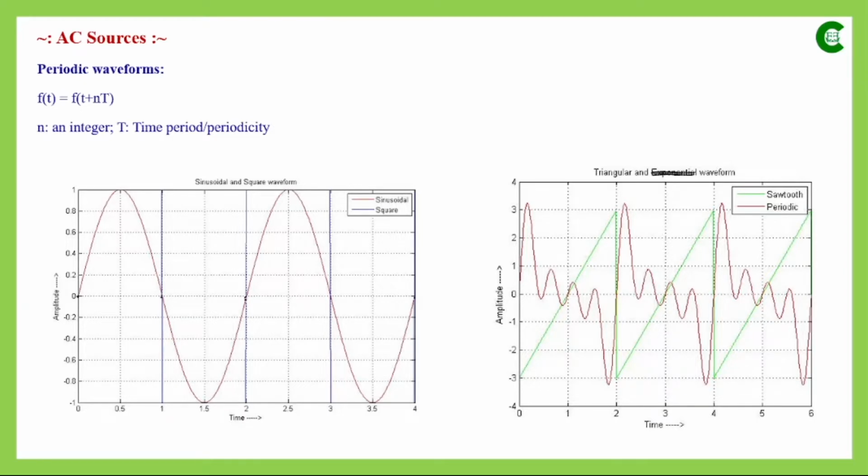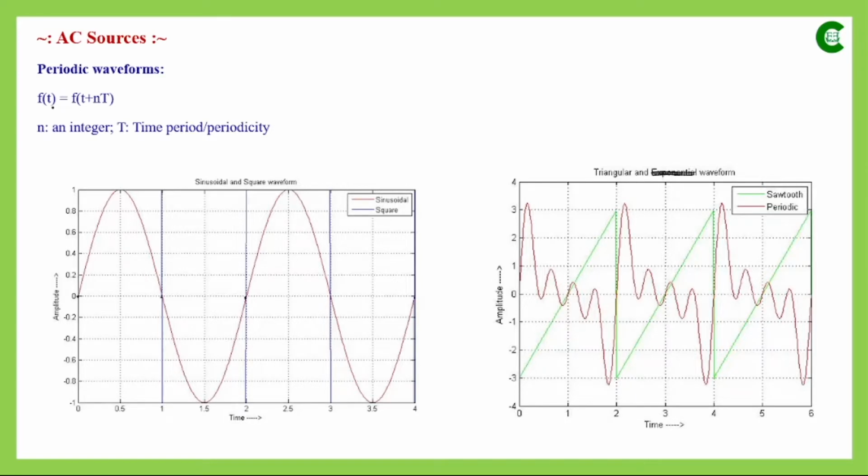After this point, we can see that the whole pattern, including the positive half and negative half, is repeated. That's why this type of waveform is also called a periodic waveform.